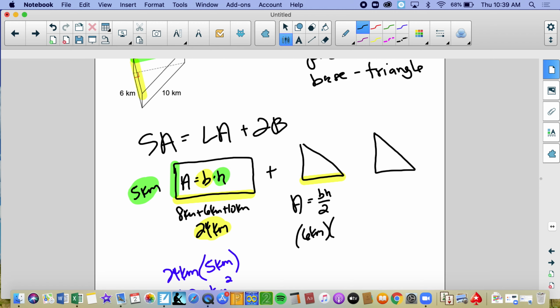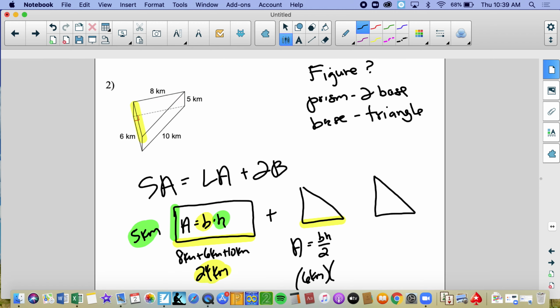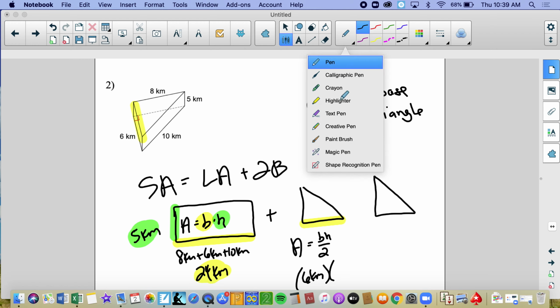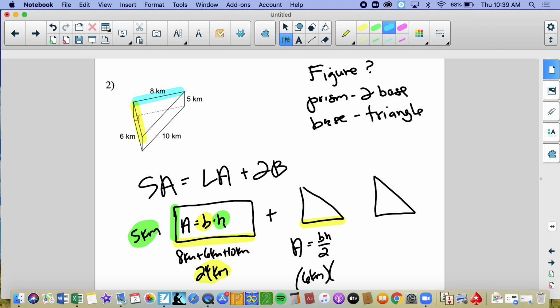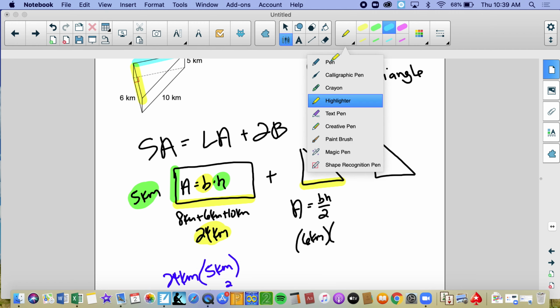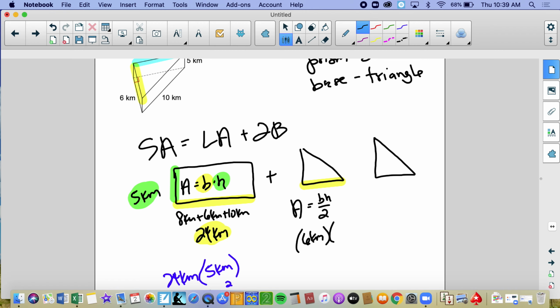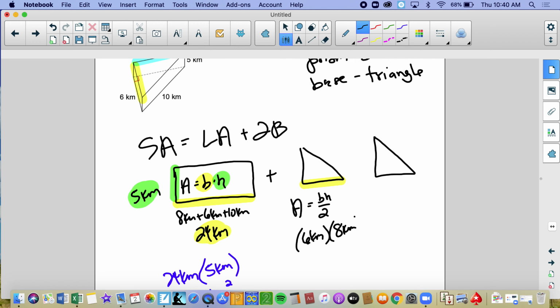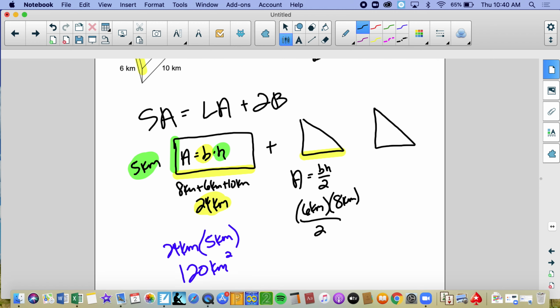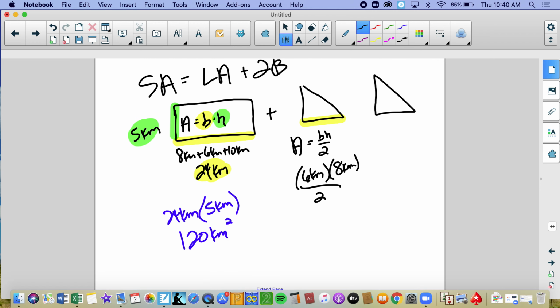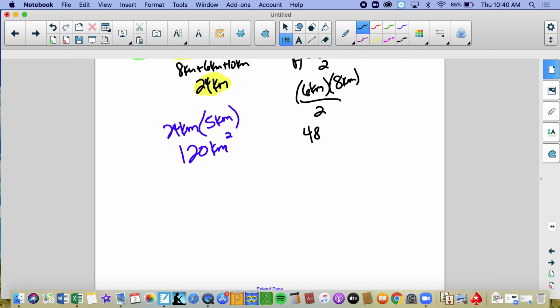And then what is the height? I said the height was 8. Let's make that blue actually. Stay consistent. Excuse me, 8 kilometers I said. 6 kilometers times 8 kilometers divided by 2. 6 times 8 gives me 48 kilometers squared, divided by 2, which is 24 kilometers squared.